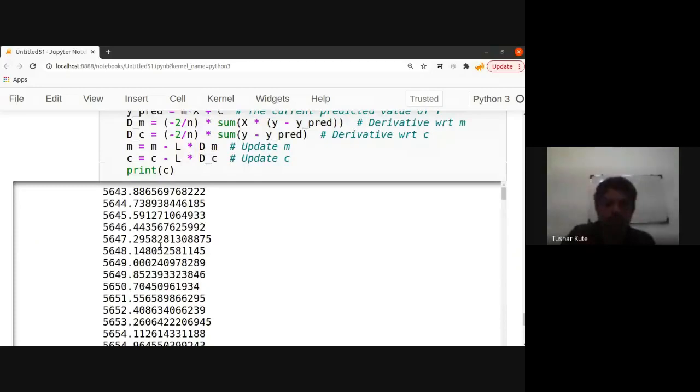Okay, so we move closer: 12,780, 50, 20, 100, see. Stop, and then you go for c, the intercept c: 5, 6, 4, 3, 4, 5, 4, 6, 4, 7. It's increasing.